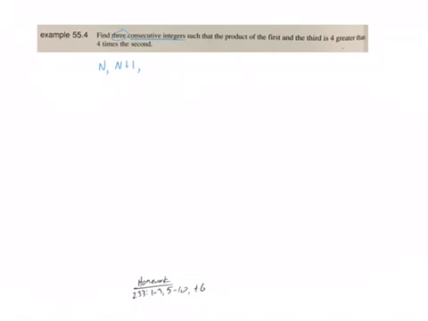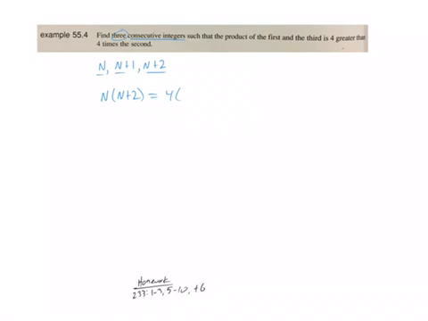And I'm looking for 3 of them, so the next one is going to be n plus 2. So these are my 3 consecutive integers. It says such that the product of the first and the third, which is n times n plus 2, is 4 greater than 4 times the second.